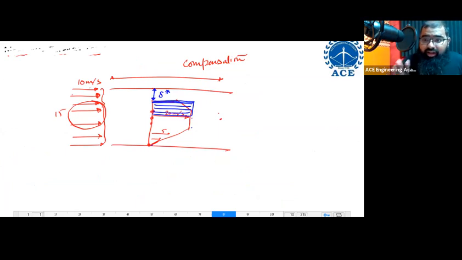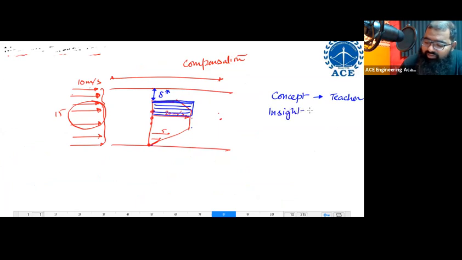I'm telling you something for life. Remember this thing. Whenever you study, there is something called concept, which is whose headache? Teacher's headache. There is something called insight. This should be student's headache. If insight also is given by the teacher, then somewhere the teacher is spoiling the student. This is something which I personally feel.